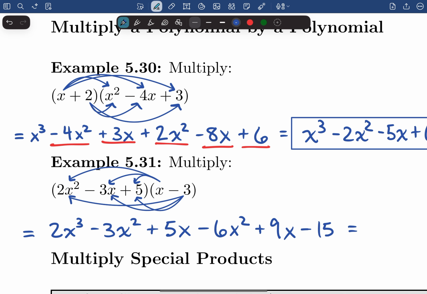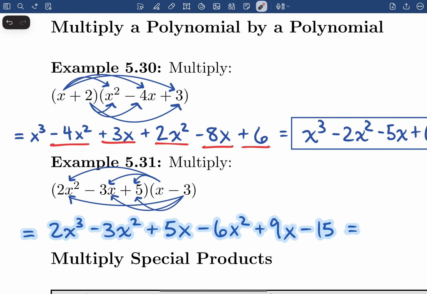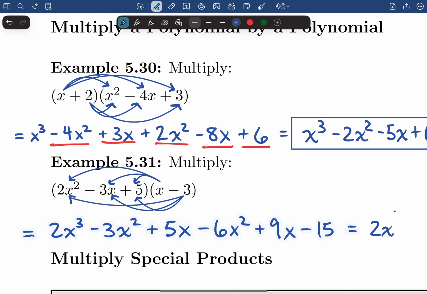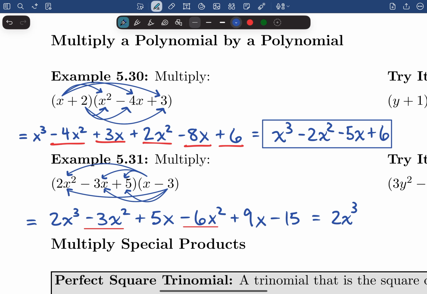And let's see if there are any like terms. This is the only term that has x cubed, right, where the power of the variable is 3. So I'm going to just rewrite that. Now moving on to the next terms that are x squared terms, I see a negative 3x squared and a negative 6x squared, and so that gives us a negative 9x squared as a result.